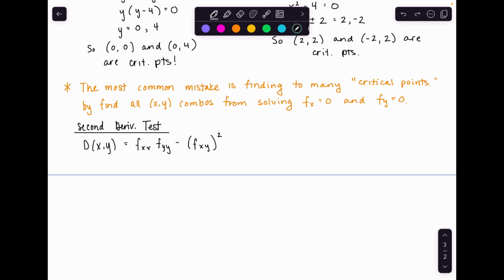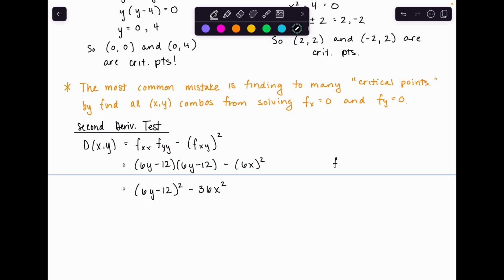So this function D is going to be (6y minus 12) times (6y minus 12) minus (6x) squared, which we can clean up to just (6y minus 12) squared, and then minus 36x squared.